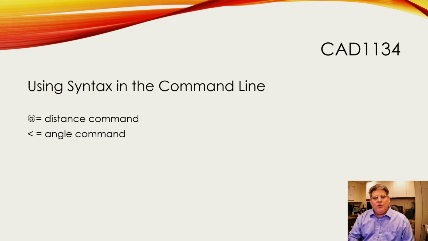So using syntax in the command line. Now, we all remember that the command line is actually that bar across the bottom. It's also where we start to type into AutoCAD. And one of the things that we can do is we can have an incremental move or an absolute move. The difference being, for example, an incremental move would be like me telling you that I want you to move east 3 steps.